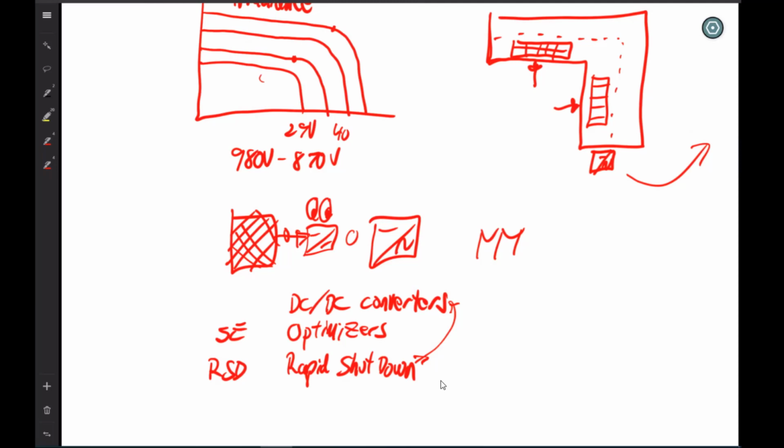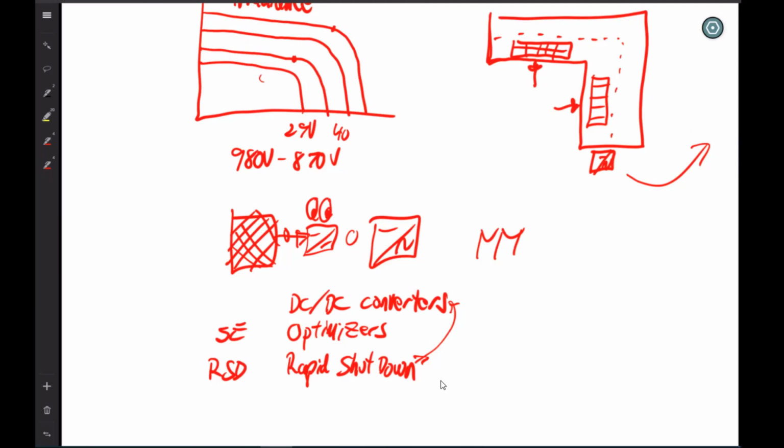An optimizer is a DC to DC converter that has a maximum power point tracker built into it. So you get kind of the advantages of a microinverter, which is optimizing module by module, but you don't have the cost by having inverters at the back of every module. You only have a central inverter.